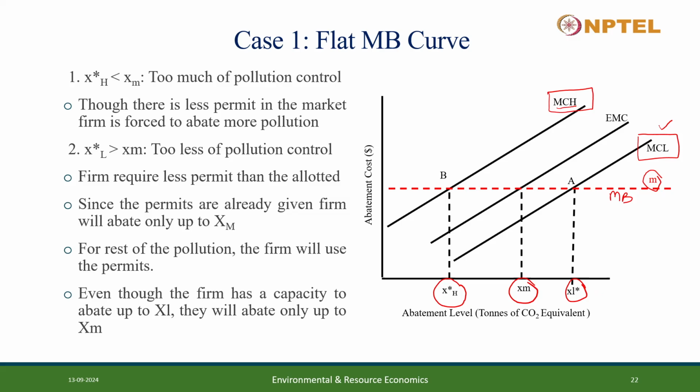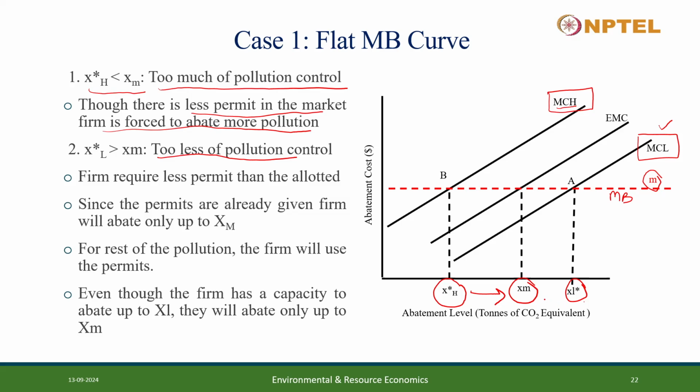Okay. So from here, what we can say is when XH is less than XM, here the too much of pollution control the firm is forced to do till XM, right? So it represents that though there is less permit in the market, the firm is forced to abate more pollution. So in the case 2, when XL is more than XM, then there is too less of pollution control.